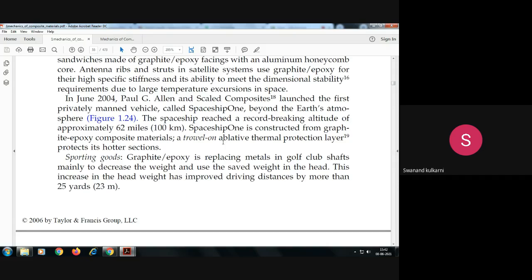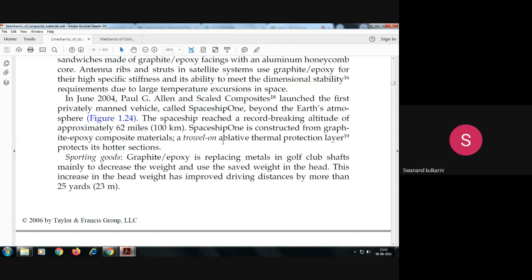In golf clubs also, the shafts are mainly made with graphite epoxy, because the shafts used during sport should not be heavy, they should be light material. The player carries the golf club shaft in their hand, and that's why the sticks should be lightweight.